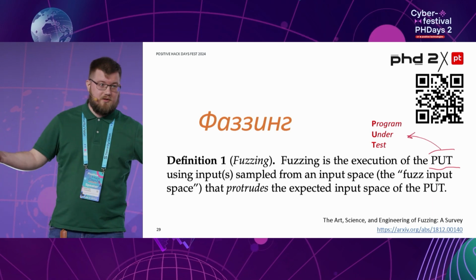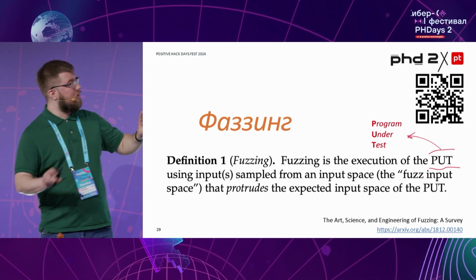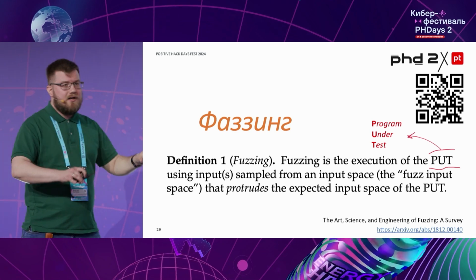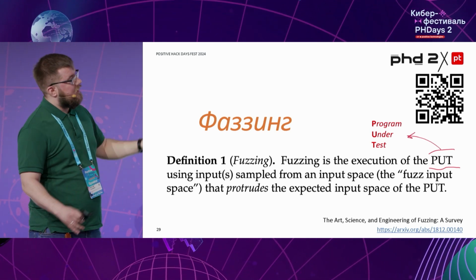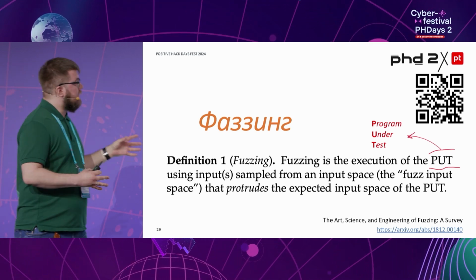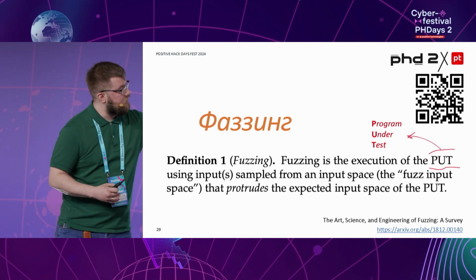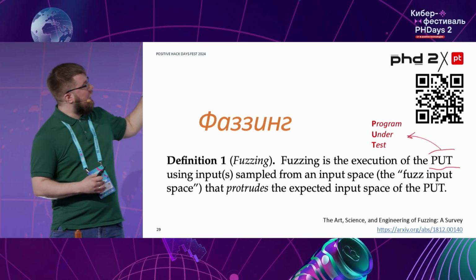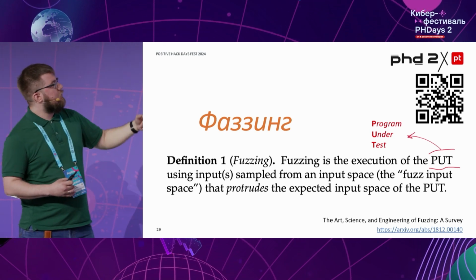If you would like to find out about fuzzing, I suggest that you read this paper, because there you'll find lots of stuff about machine learning, symbolic analysis, etc. The authors are trying to articulate what fuzzing is. The paper is called The Art, Science, and Engineering of Fuzzing.